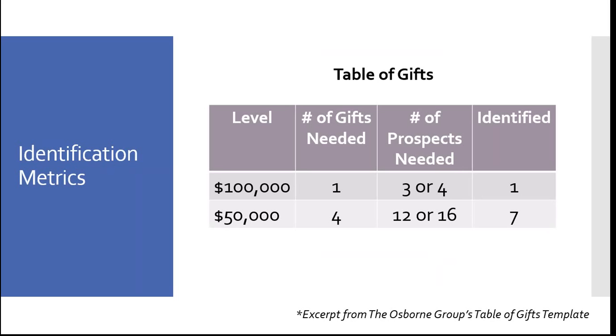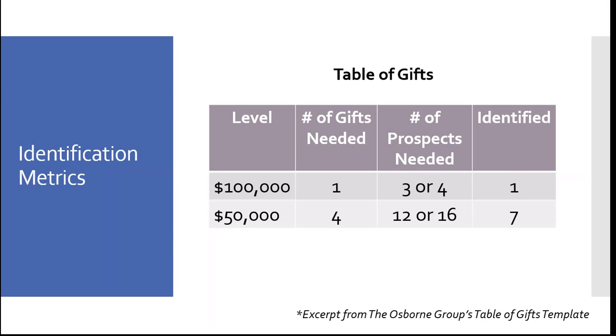But what I want to focus on today, and the one tool that if I had a magic wand and I could make every development office in the world use one tool consistently, it would be a table of gifts. When I was in the field and I was raising money, and I thought about what was keeping me up at night, the table of gifts was the one tool that I could say unequivocally was the thing that helped me sleep at night.